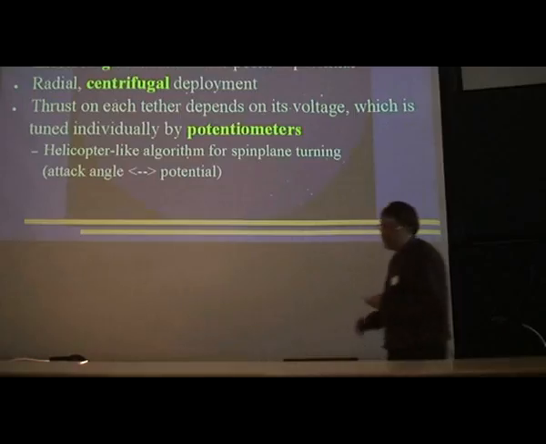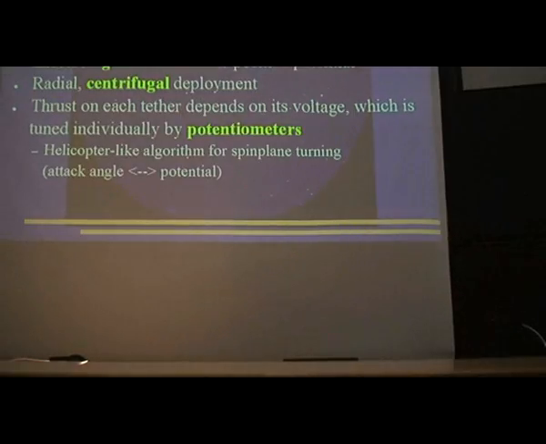So the working principle of this electric sail is the following. We deploy thin and long positively charged tethers from the spacecraft, which form an obstacle for solar wind protons in such a way that there is a momentum transfer from the solar wind protons to the tethers. The tethers have to be kept artificially at a high positive potential.